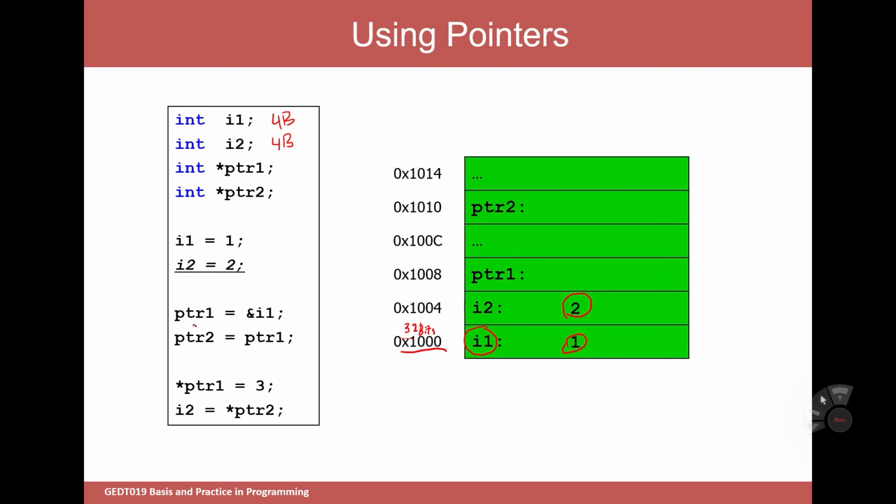Then after that, let's see here. I give value for the pointer. So this is giving value for the pointer. I say pointer 1 will have the address. It will point to I1. So here is it. Pointer 1 is available somewhere, for example here, and it has the value of I1's address.